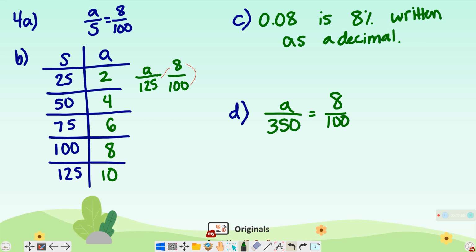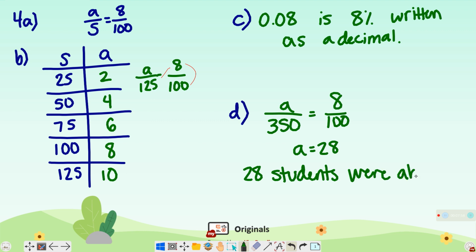When we cross multiply and divide, 350 times 8 is 2,800. And then if we divide that by 100, that tells us A is equal to 28. That means 28 students were absent in the month of May.